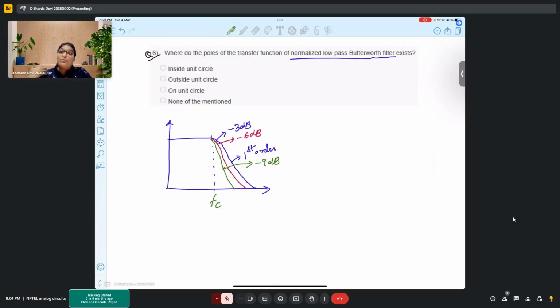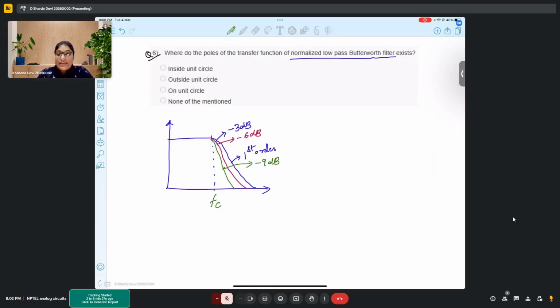no matter how many orders of filter you increase, the deterioration of your gain at that cutoff frequency is minus 3 dB. That particular design can be obtained by Butterworth filters.